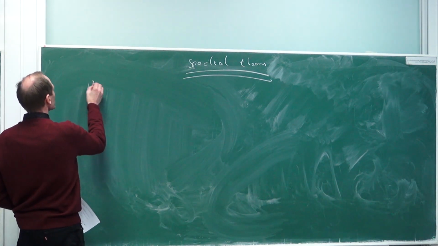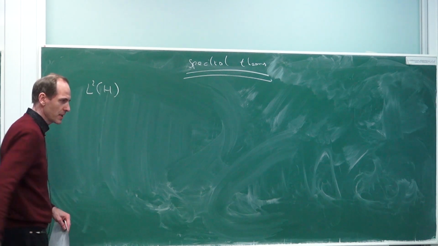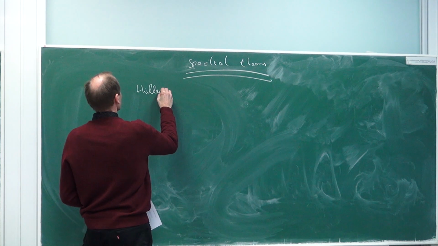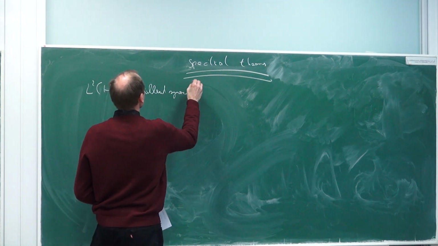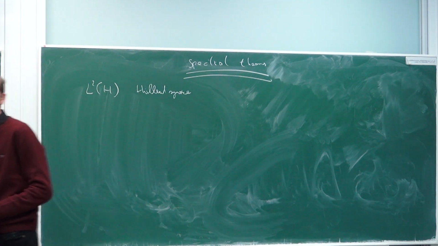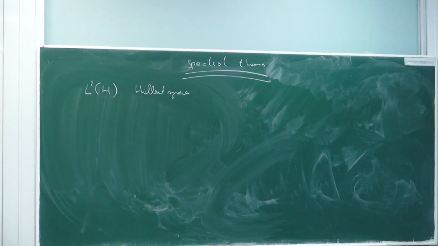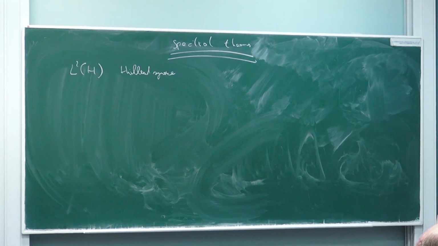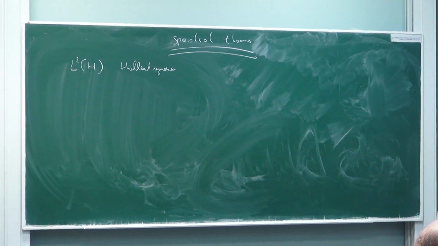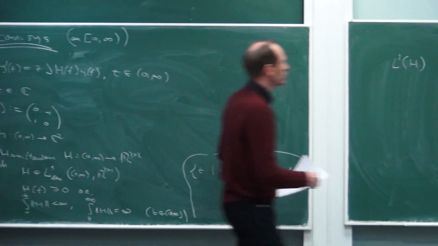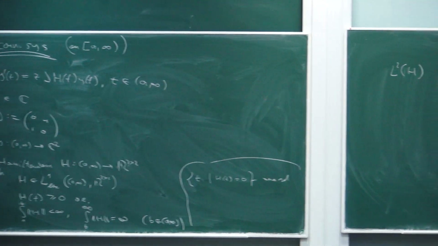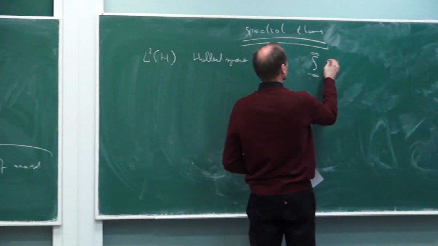That operator model consists of several ingredients. It consists of a Hilbert space, L2(H), and that notation is almost self-explanatory. We have a non-negative matrix function, so we can just look at the L2 space of that. Then the norm of the space is that.